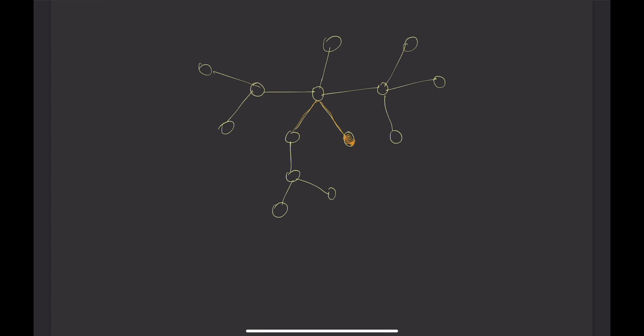That should come through the LCA only, right? So we need to root the tree at some node. Let's say we root the tree at this node. Okay, so this is my root. Now what should happen? Yes.